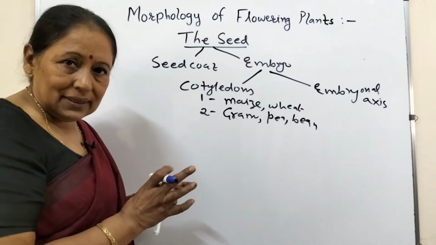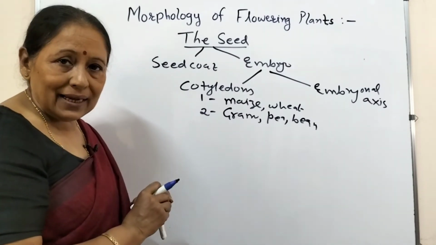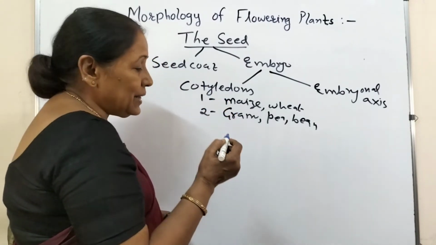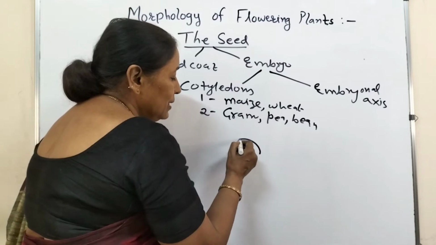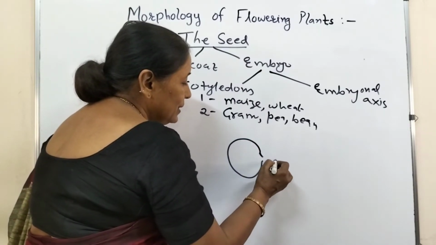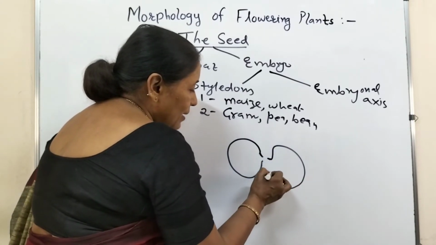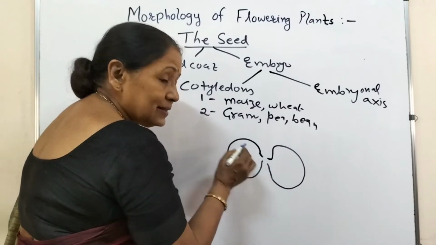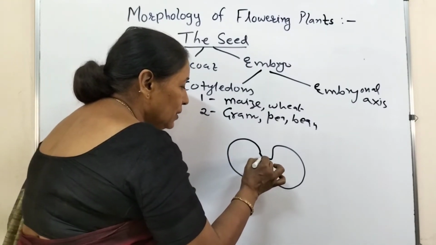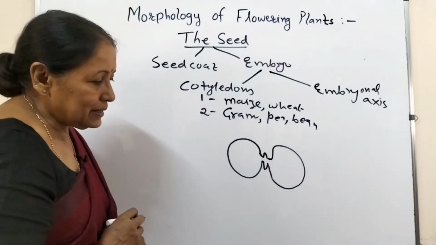When we open the seed, we can see the cotyledons and embryonal axis, though we may still miss the embryonal axis. When we open a gram seed, you will find this is one cotyledon and this is another cotyledon, and here at the center there is this embryonal axis.